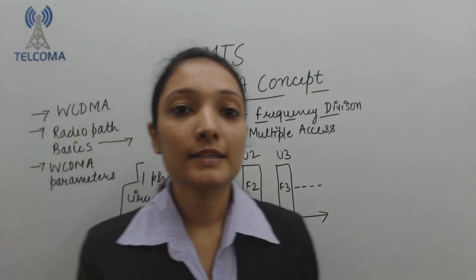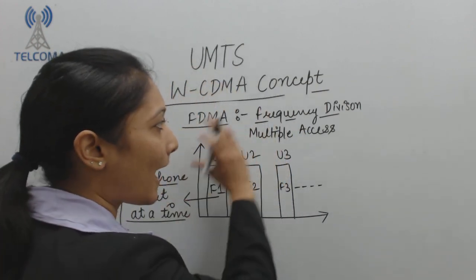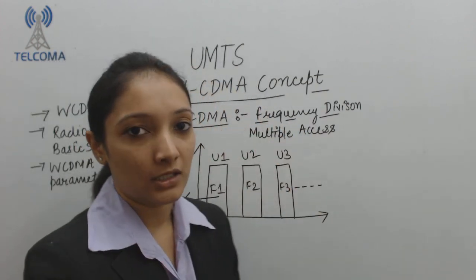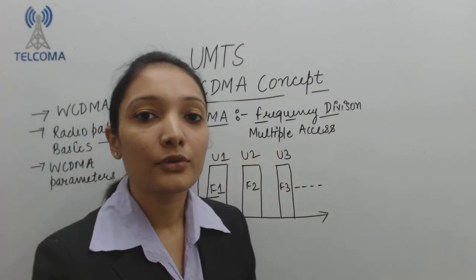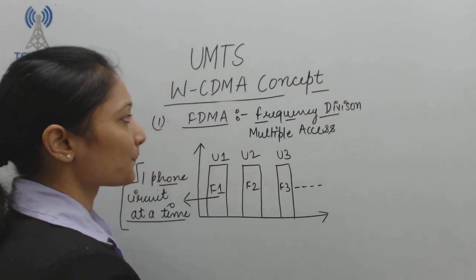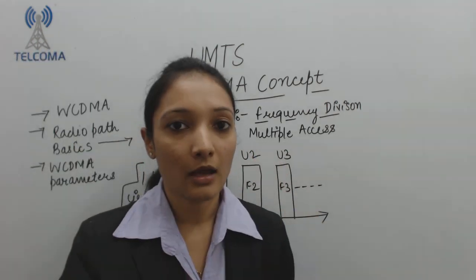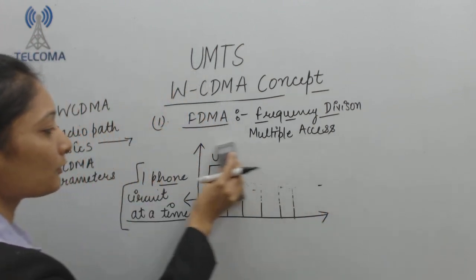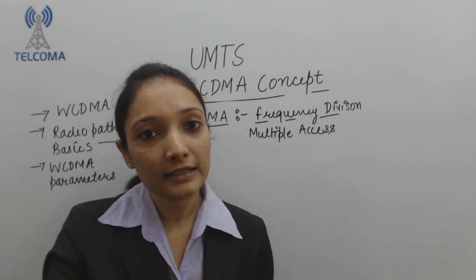So that means we need a more improved and efficient technique which can enhance the performance of the network and increase the accommodation for the number of users. So after FDMA, the next roadmap for supporting more users is the concept of TDMA.